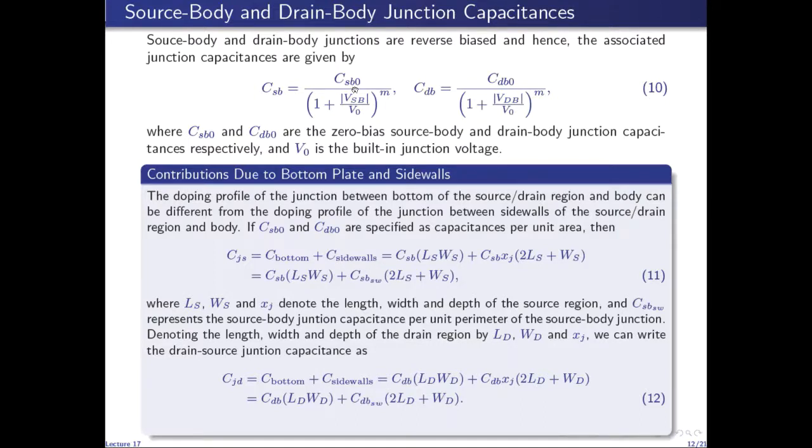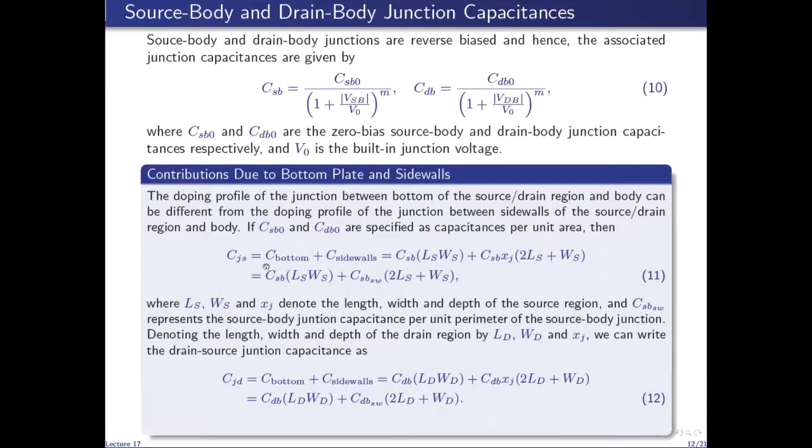If the capacitances at zero bias are specified as capacitances per unit area, then one must compute the total junction capacitance, denoted by C subscript JS, which is the total junction capacitance between the reverse bias source and body regions.